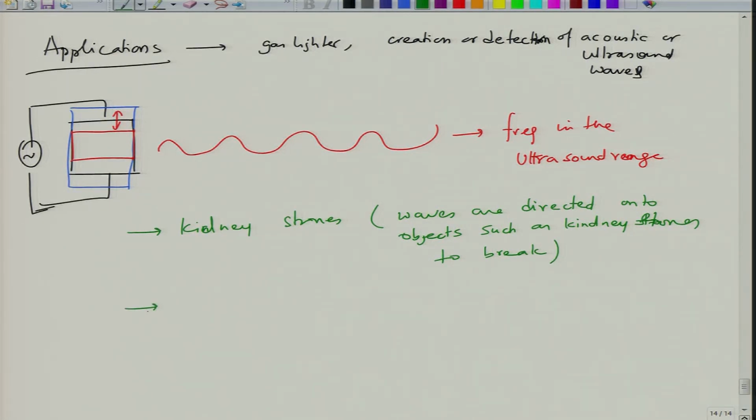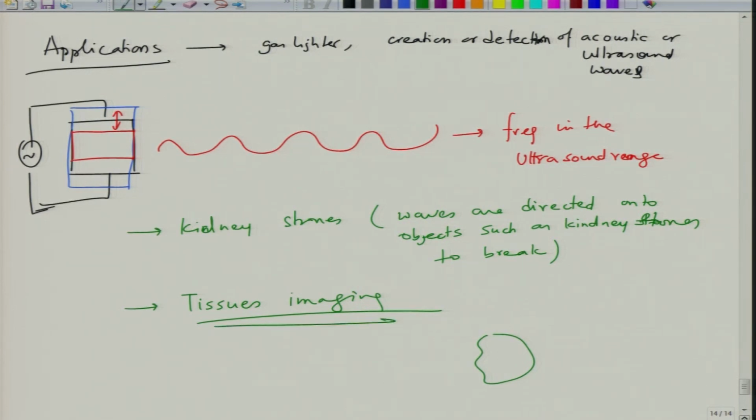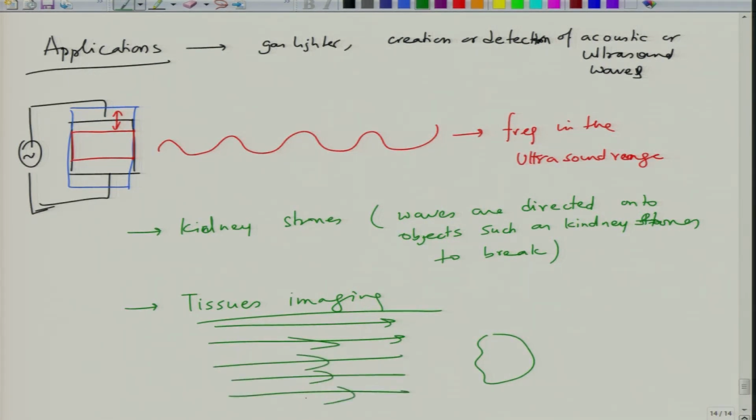Another thing which ultrasound waves are useful for is, for example, tissue imaging. So, for example, if you want to image the kidney, if you want to image the internal body parts. So, let us say you have some body parts here and you throw these ultrasonic waves, right. So, in the body let us say, this is the tissue.